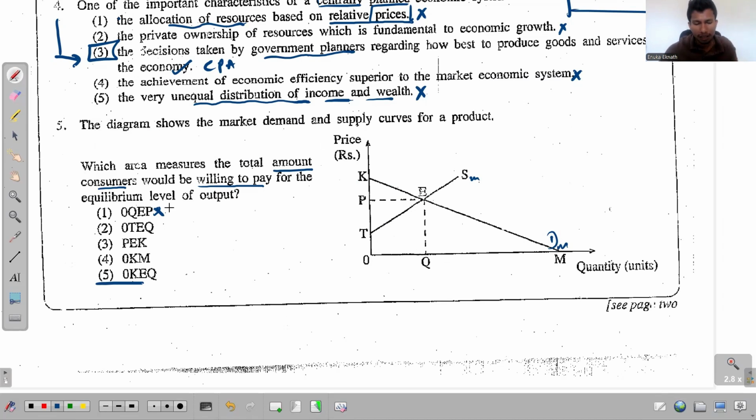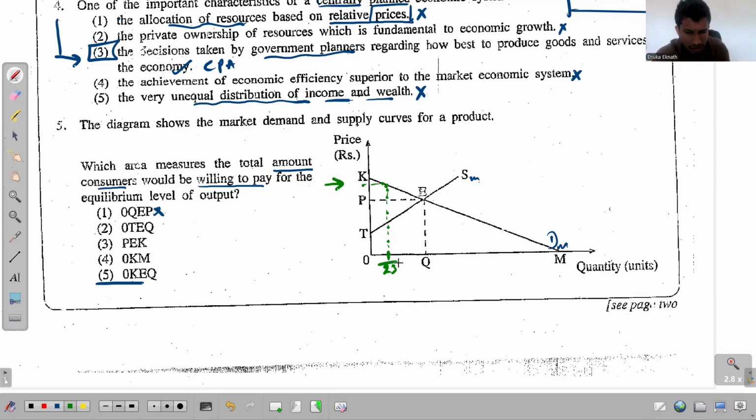Now for example, if you just focus on this, let's say this is the 25th unit. To purchase this 25th unit, the consumer is willing to pay this much, right? That is the price presented by the demand curve. That's the maximum demand price anyway.